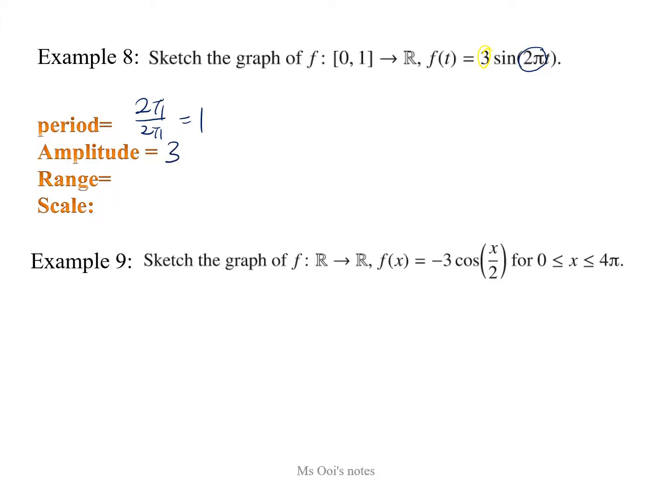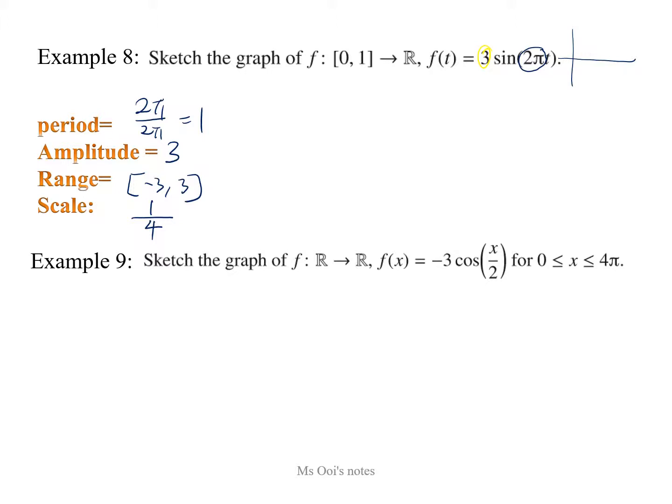The range, which is the center plus the amplitude and the center minus the amplitude, is -3 to 3. Unless there's a vertical translation, the center is always 0. The scale is always the period divided by 4. Why divided by 4?